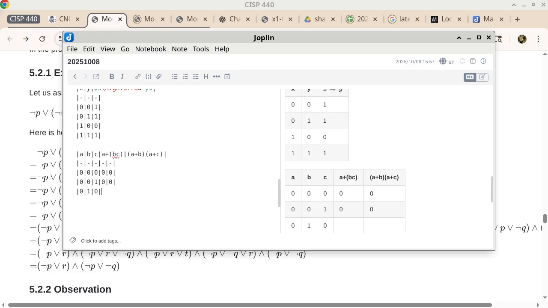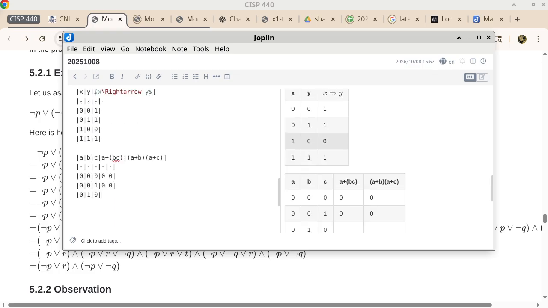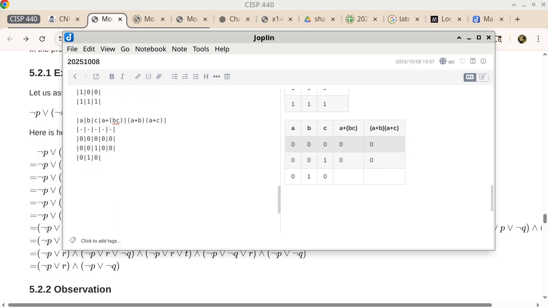So we'll go ahead and fill in the table. What about this one? B is the only thing that is true. If B is the only thing that is true, this is still going to be false. And A or C is guaranteed to be false, so the whole thing is still false on that side too. You can see how I'm filling in this whole table step by step.